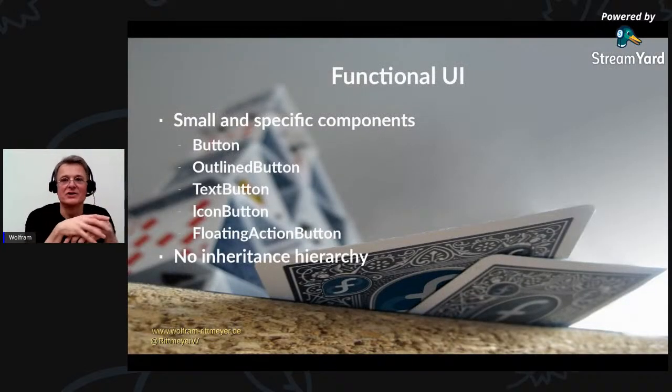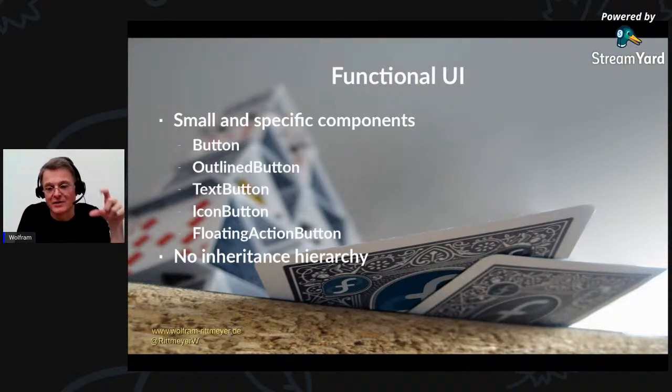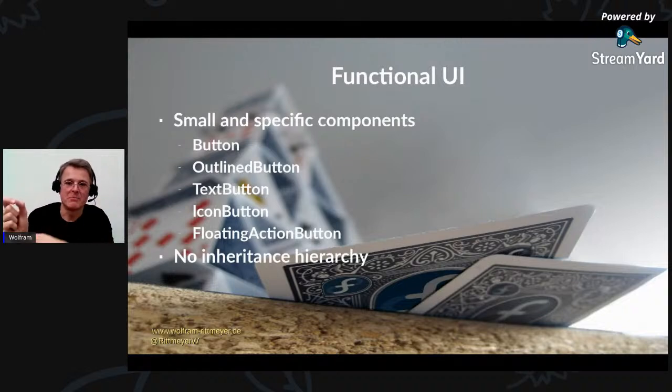So as part of the functional UI, Google is striving for small and very specific components. So for example, previously we had an image button, a text button, and the button, actually the text button was inherited from text view, which is really weird. And because of that, it inherited lots of stuff that actually had nothing to do with the button. And here they are striving for really specific buttons for the specific purpose.